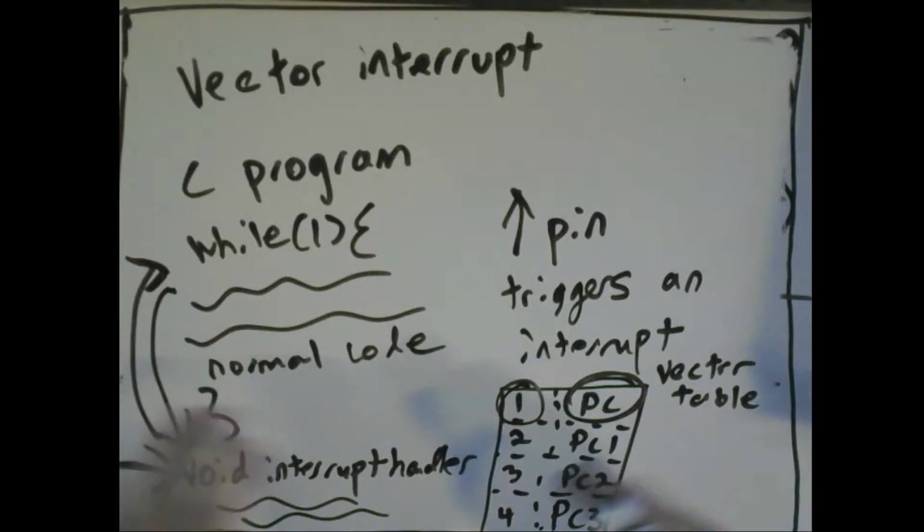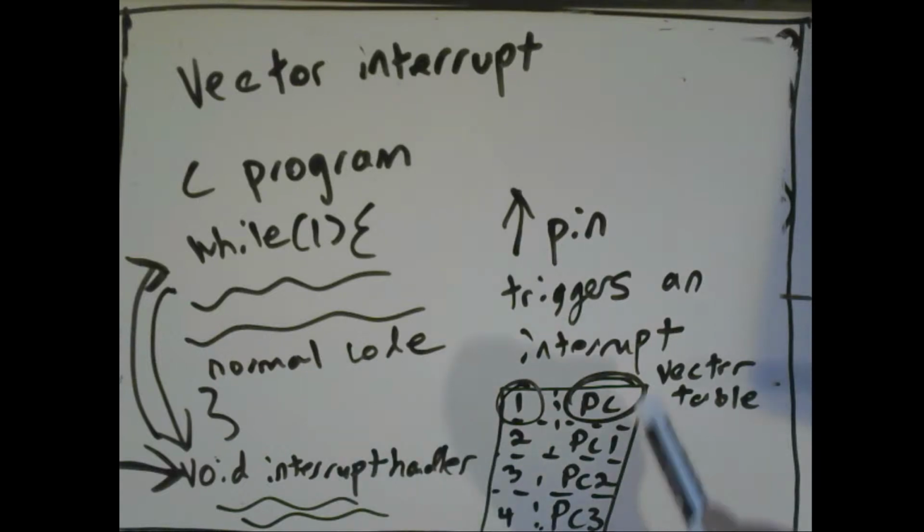Whenever something happens, like the state changes and the hardware notifies the CPU, it will go to this vector table, look up what location my interrupt handler is, and run that code. It interrupts the processor.